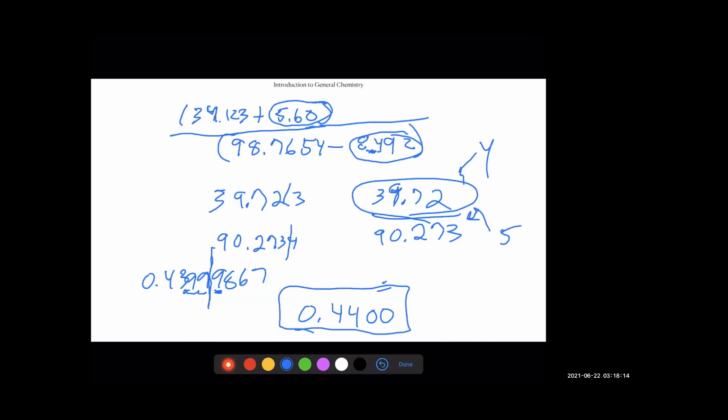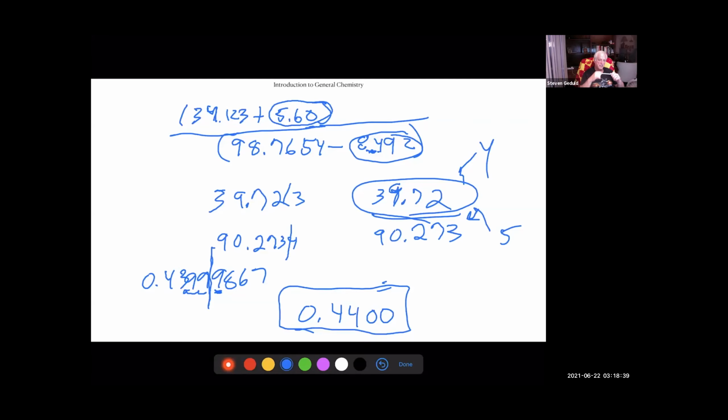Make sense? So you said 0.4400. That's the answer. Yep. That would be the 4 significant digits. So for adding and subtracting, what's the rule again?